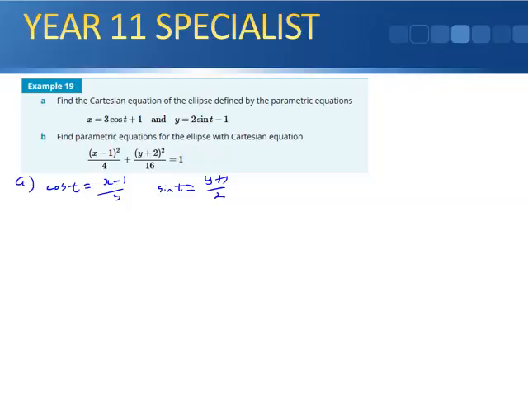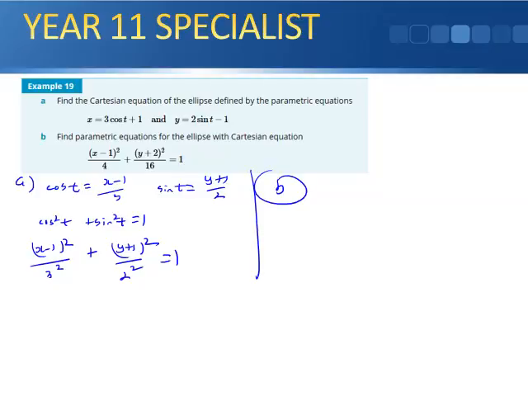And then using the rule which says cos squared t plus sin squared t equals 1, I'm going to get (x minus 1) squared divided by 3 squared. Now I'm just going to leave it as 3 squared because remember the original rule for this says x squared divided by a squared. And I get plus (y plus 1) squared divided by 2 squared equals 1.